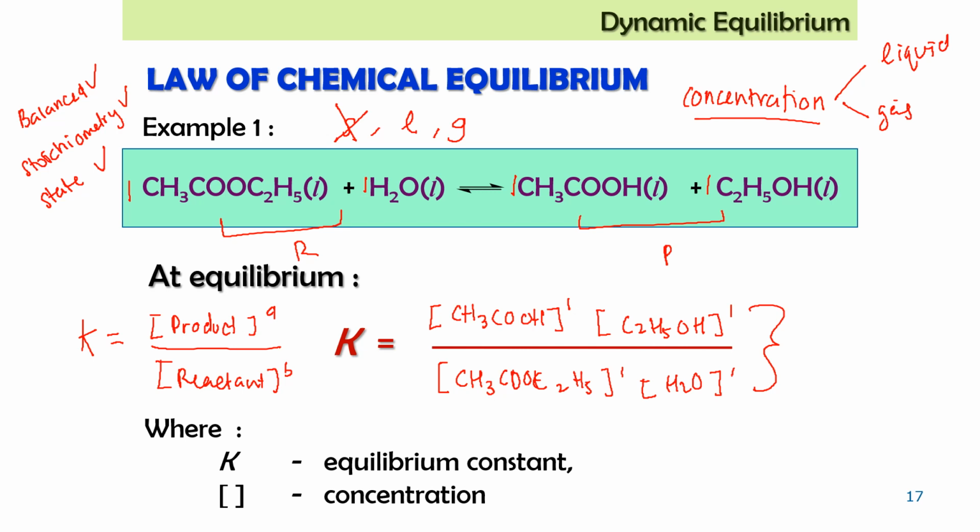Okay, so remember when you are writing the concentrations, for example concentration of CH3COOH, you must put it in square brackets like this.